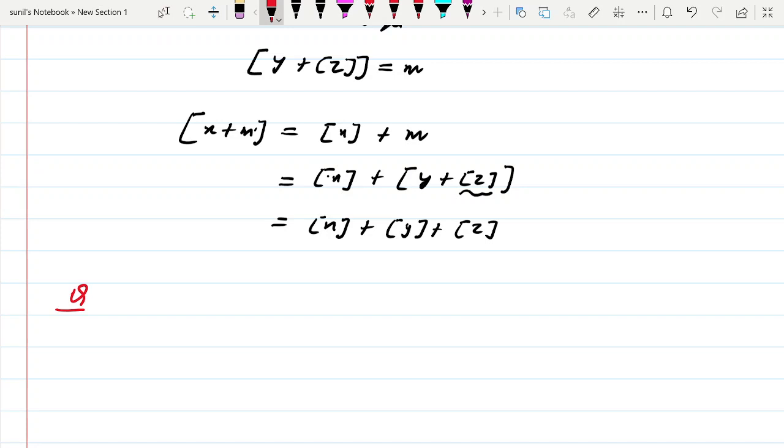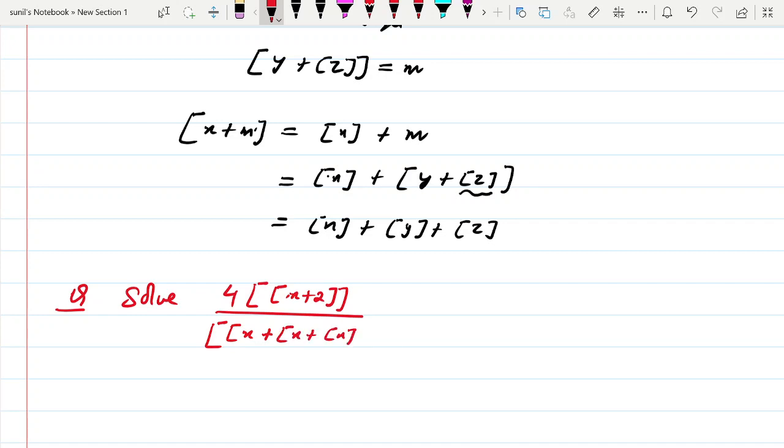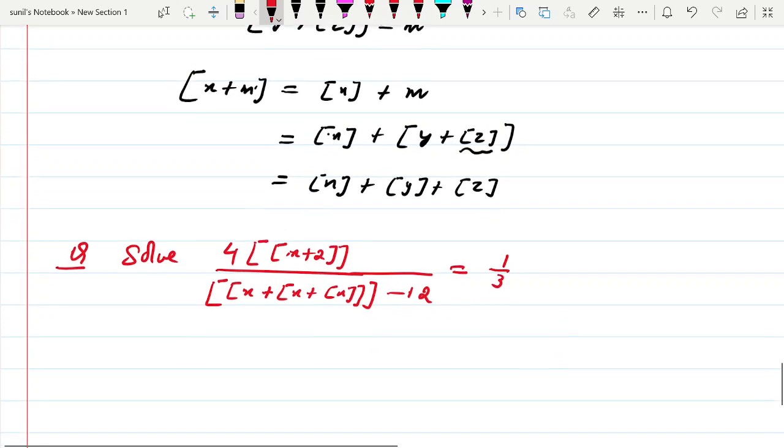The question is, solve 4 times bracket of bracket x plus 2 over bracket of bracket x plus bracket of x plus bracket of x, then the whole bracket, minus 12 is equal to 1 by 3. We need to solve this.